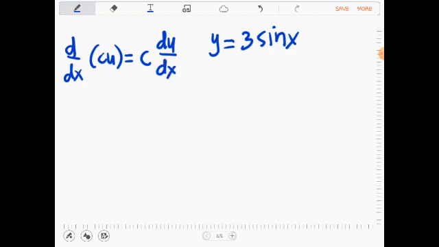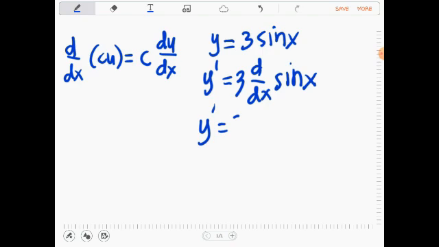So, in this case, yung ating constant dyan ay 3 at saka yung u natin ay sine of x. Okay? Ngayon, this should be equals to y prime is equals to 3, then derivative of sine of x. Okay? So, this should be equals to 3. Ano yung derivative ng sine x? Cosine x. And that would be the answer.